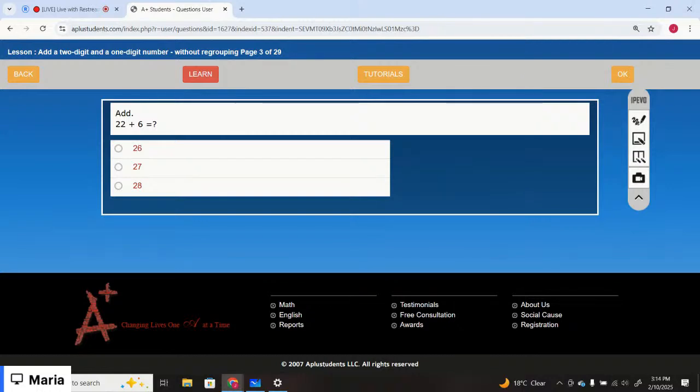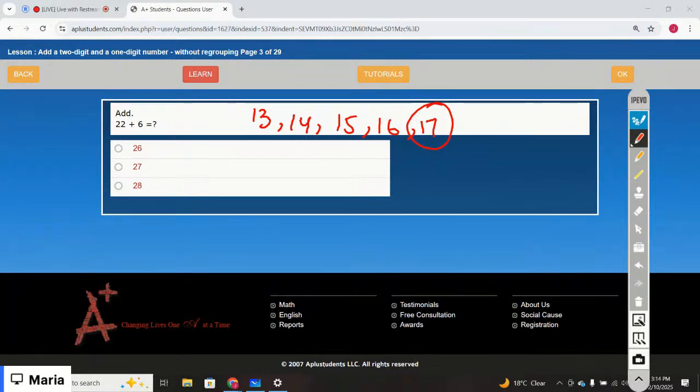So which is the correct option? Start with 22 and count up 6. 23, 24, 25, 26, 27, and 28.